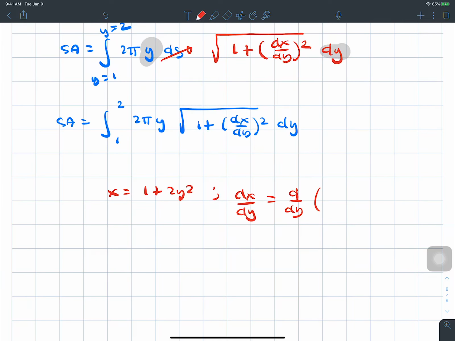However, if I plug in 1, I plug in 2. For the lower limit, y is 1. Looks like we're going to get 17 for u. And if I plug in 2, 2 squared is 4. 4 times 16 is 64, plus 1 is 65. So we plugged in the values of y to get our new limit values. All right.